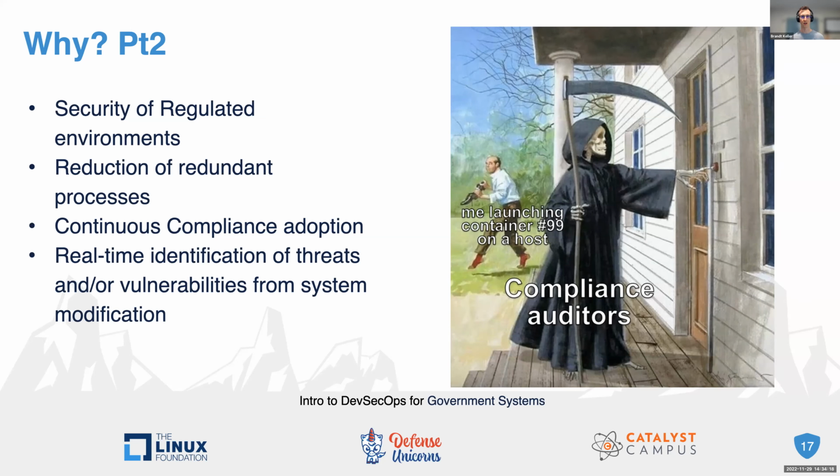And I'd almost say real-time identification of threats are almost one and the same. We can identify in real time when something has become non-compliant, and this is especially useful. You want to be aware of this constantly, continuously, but also we want to lean into that as part of tool stacks that can provide us with this information.